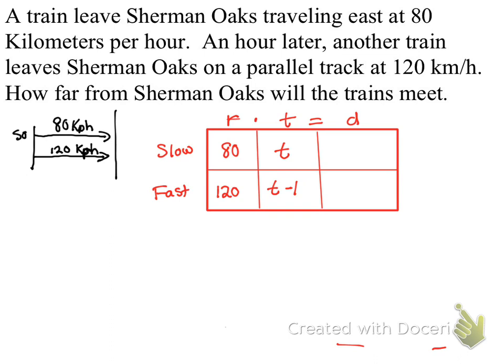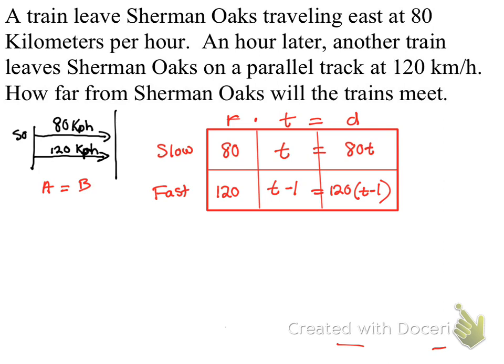Now, what am I doing? Multiplying across. Multiply across: 80t equals 120 times t minus 1. Now what? Yeah, because this is a situation where distance A equals distance B, right?